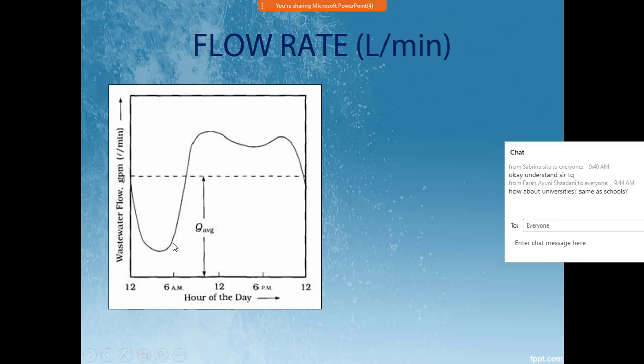Once it is 6 a.m., it will increase sharply from 6 to 7 a.m., up to the peak, at 7, 7:30, or maybe 8 a.m. From 7 to 8 is normally the peak. So this is the peak flow rate of wastewater. It's normal because everyone is waking up and preparing, so we generate wastewater from kitchens, toilets, and all water activities.